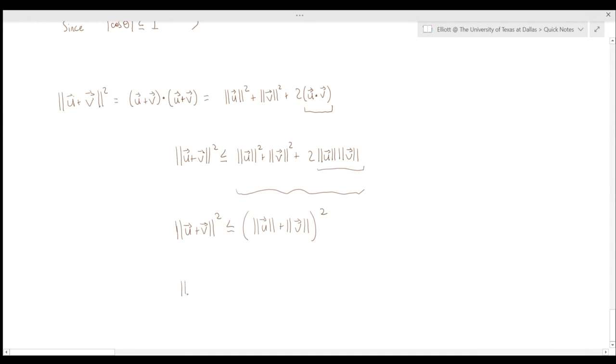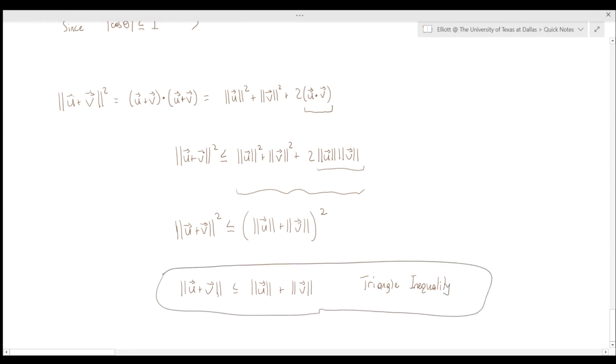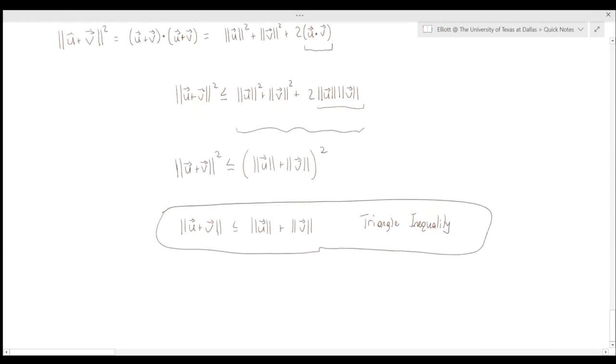Then square rooting both sides would give you the triangle inequality: the length of u plus v is less than or equal to the length of u plus the length of v. And so that's the triangle inequality. I wasn't exactly planning on doing that, but I know someone asked, so I'll at least mention them.